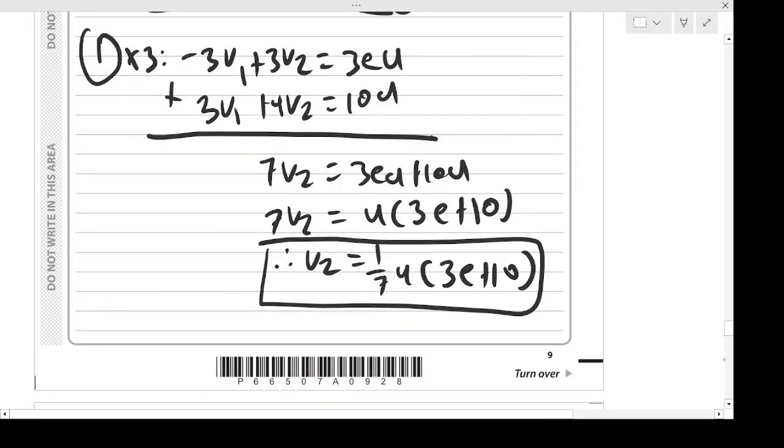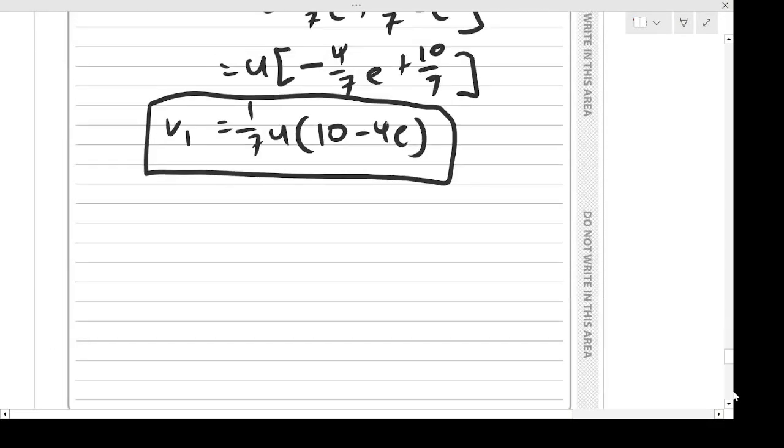Well, actually, it's clear that v2 is positive, because e is positive, so v2 is positive. And then for v1, well, we are subtracting 4e here. You might think you might get a negative, but actually think about it. e is between 0 and 1, so that means that 10 minus 4e must be positive.